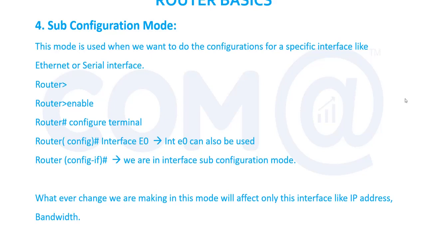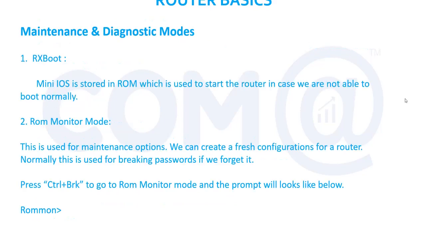From GC, you can go to sub-configuration mode with the help of a command. Here we can make interface related changes, such as the IP address or the description values.